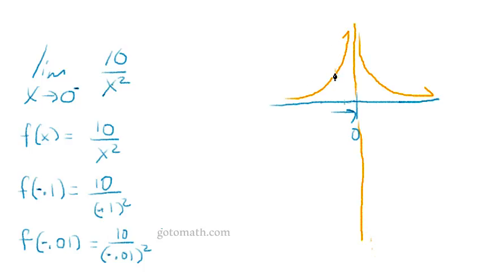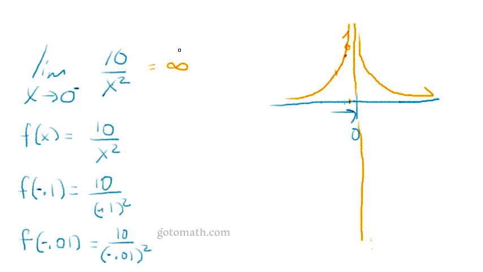So what's happening to the graph? As you can see, as we get closer and closer to 0, our graph is tending off to positive infinity, which we'll just label as infinity. Going off to positive infinity.